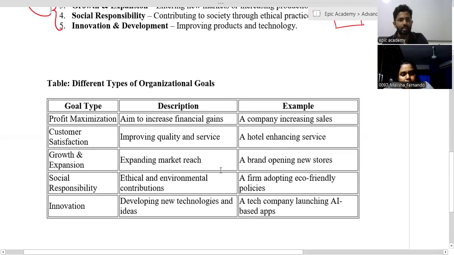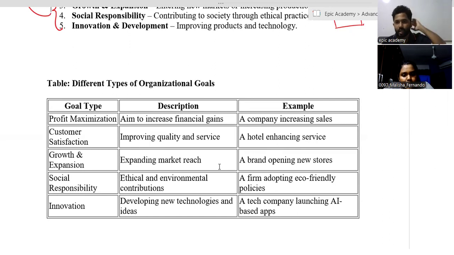Growth and expansion, expand the market reach. Opening new stores and something like that. It helps to expand the organization. Okay. Social responsibility, for example a firm adopting eco-friendly policies. It is also a responsibility.